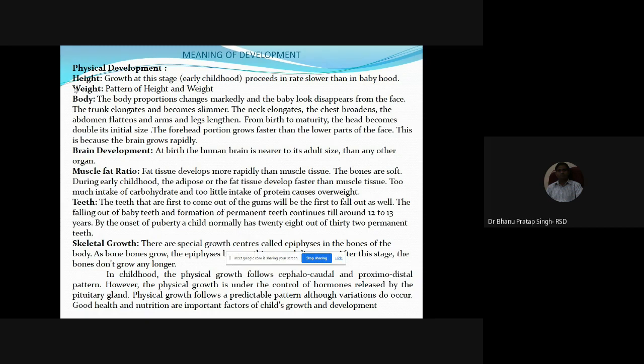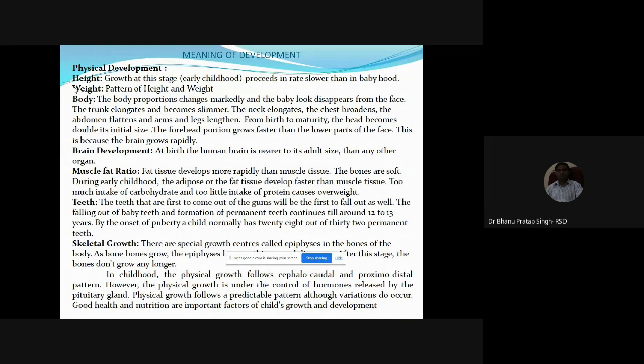Between the time of birth and maturity, the head becomes double. Forehead portions grow faster than the lower parts of the face, and this is because the brain grows rapidly.